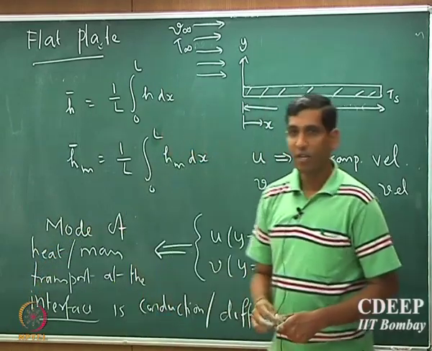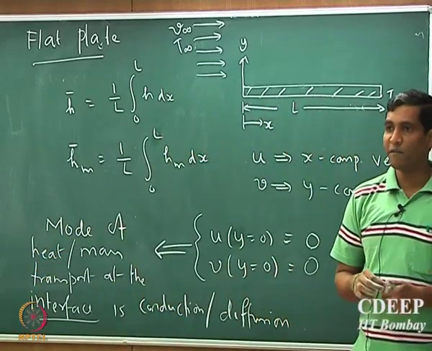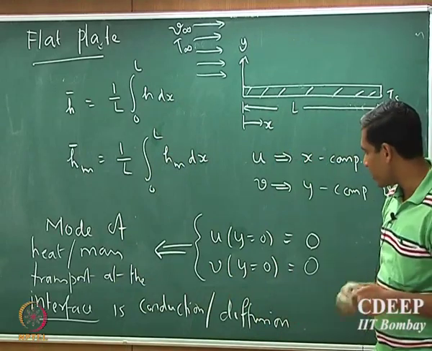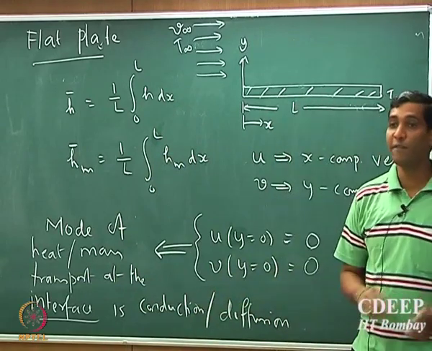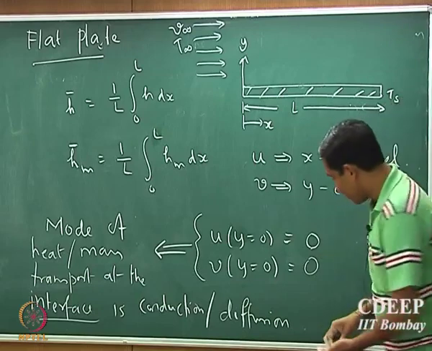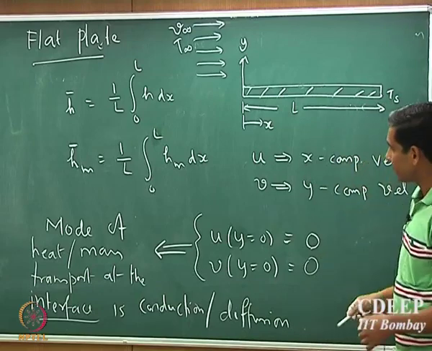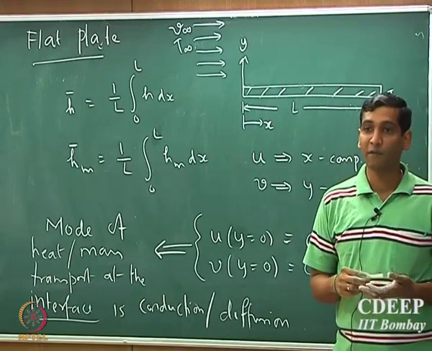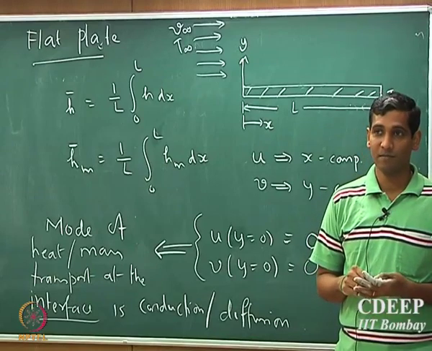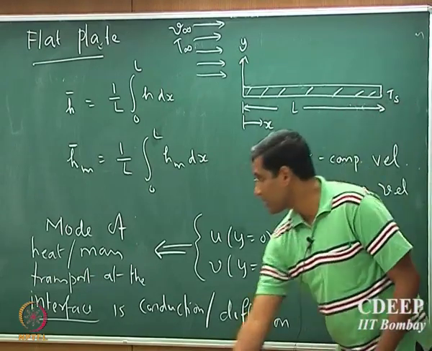Therefore the mode of heat transport or mass transport is essentially conduction or diffusion. This observation actually simplifies a lot of things for us. So how does it simplify?